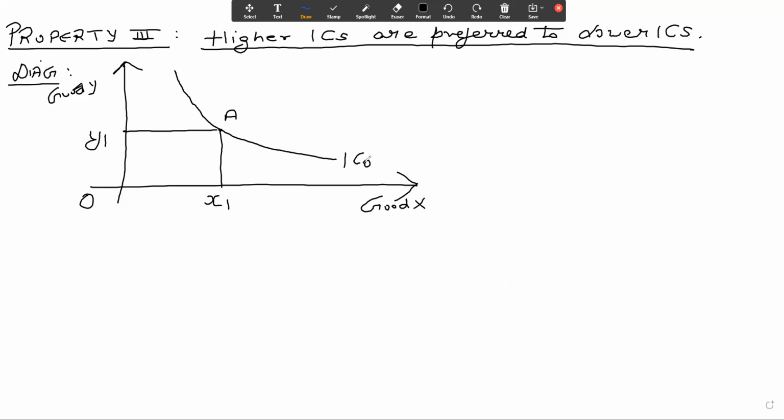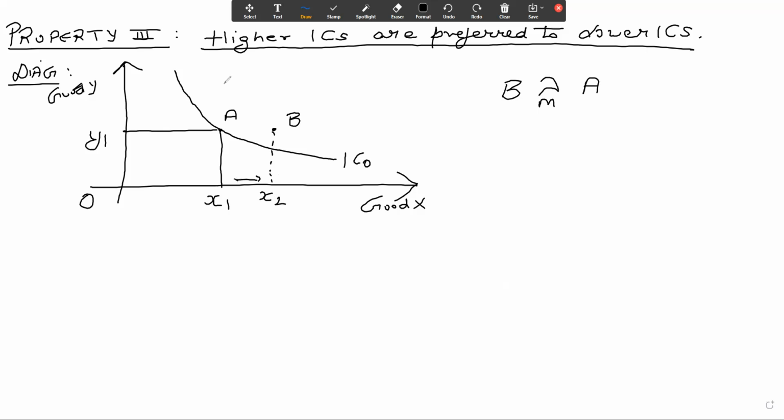Now, suppose I take this point, point B. You can clearly see point B is monotonically preferred over point A because point B consists of more of good X but no less of good Y.